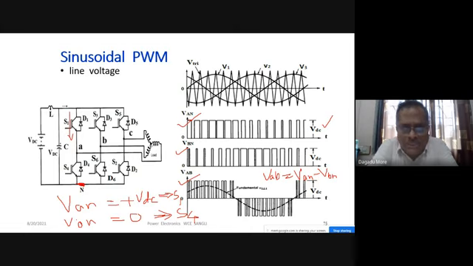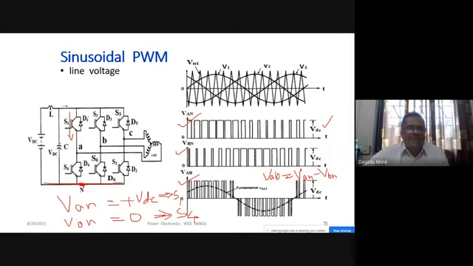Any question on this? Any doubt? How do we obtain the line voltage VAB waveform? At the negative of the DC link, we have created a point N, and we get VAN. The logic is: S1 on, VAN will be plus VDC; S4 on, VAN will be 0.